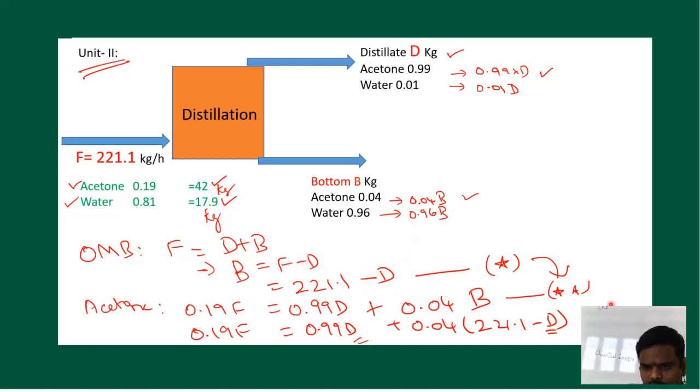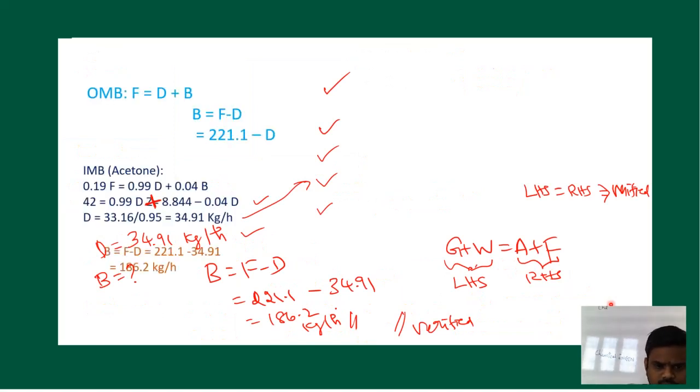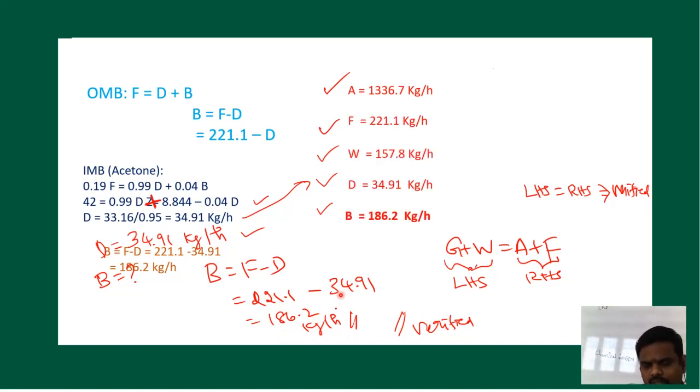Simplifying, we got the value of D. Once we got the D value, we substituted in the equation to get the B value, which is found to be 186.2. All the values are reported: A, F, W, D and B, and we verified by substituting in the overall material balance, and we got the left hand side equal to right hand side.